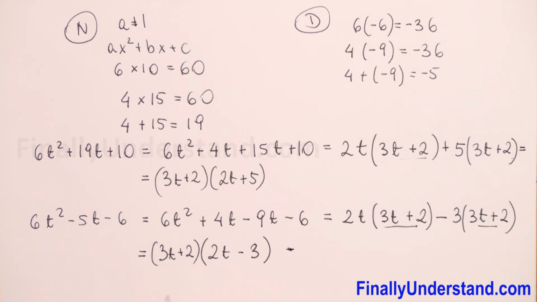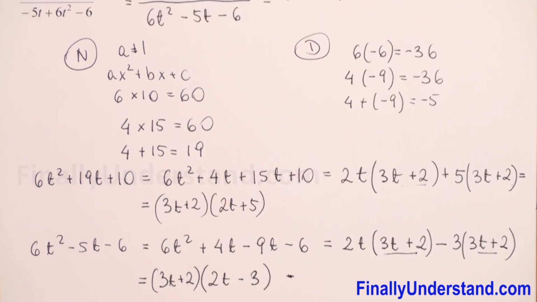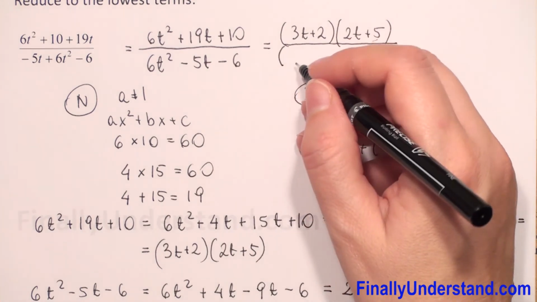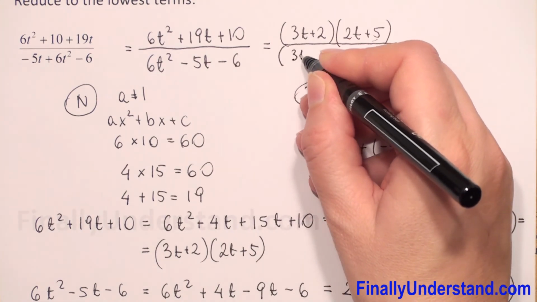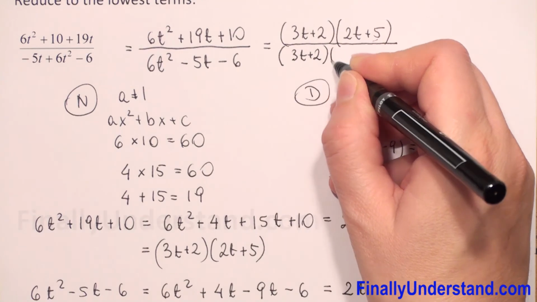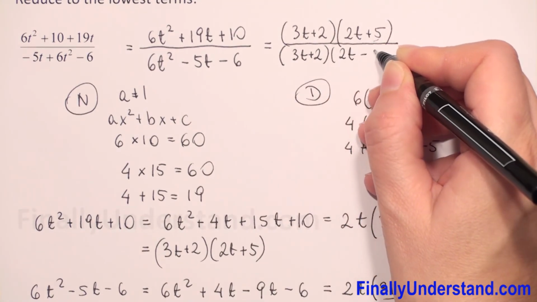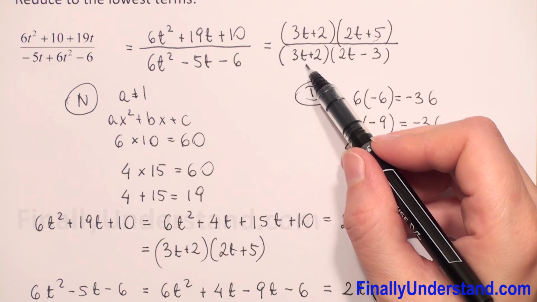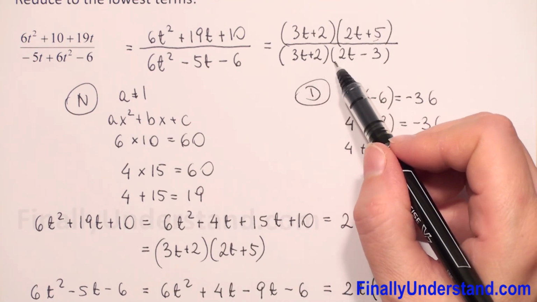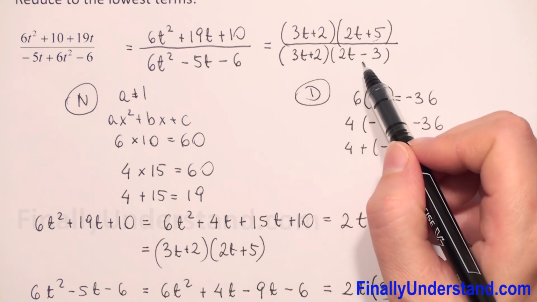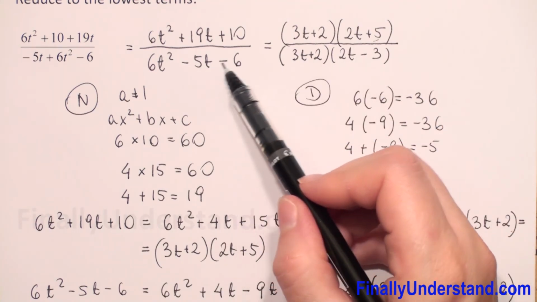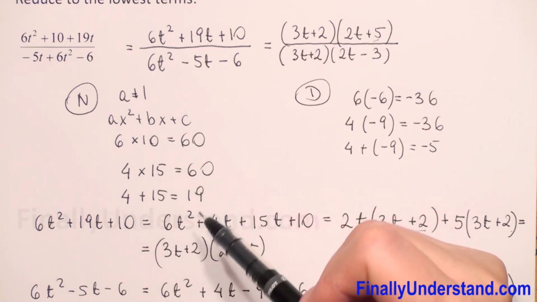So now we can rewrite our denominator as 3t plus 2 times 2t minus 3. If you multiply every expression in the first parenthesis by every expression in the second parenthesis and combine the like terms, you will have exactly the same as at the beginning.